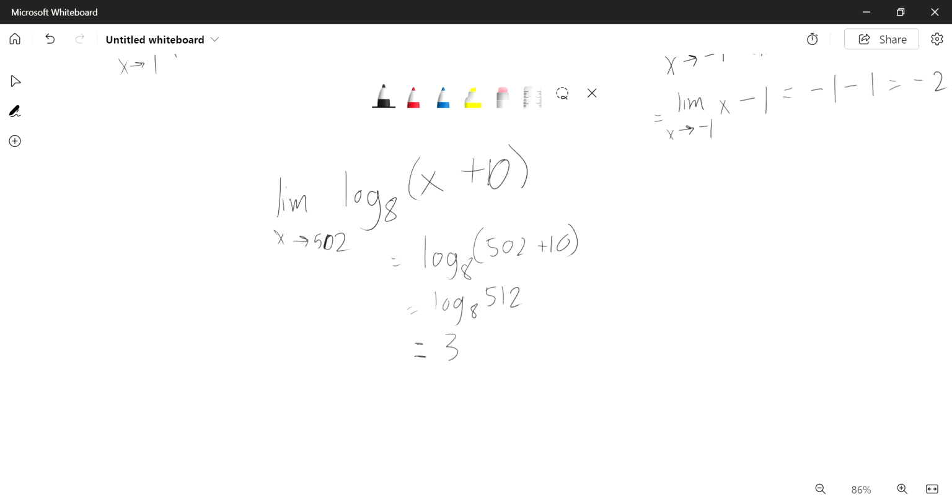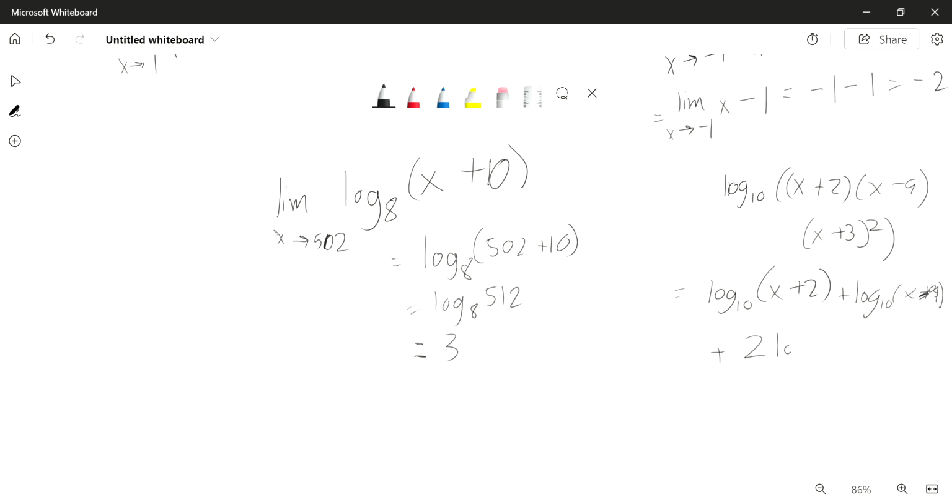But if you were to have more functions inside the log limit, say it was x plus 2 times x minus 9 times x plus 3 squared, you can just rearrange that so that you have log of x plus 2 plus log of x minus 9 plus 2 log of x plus 3.